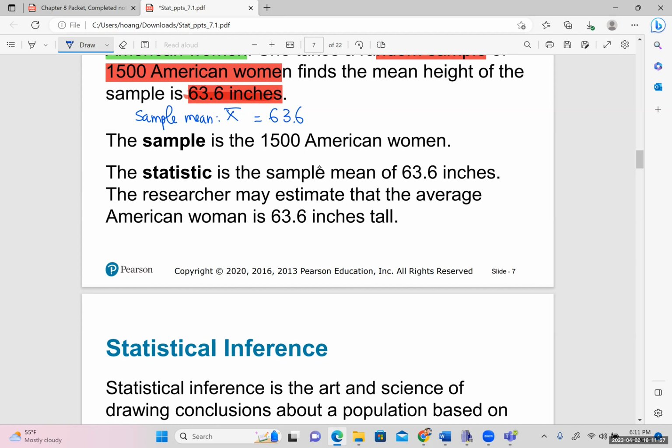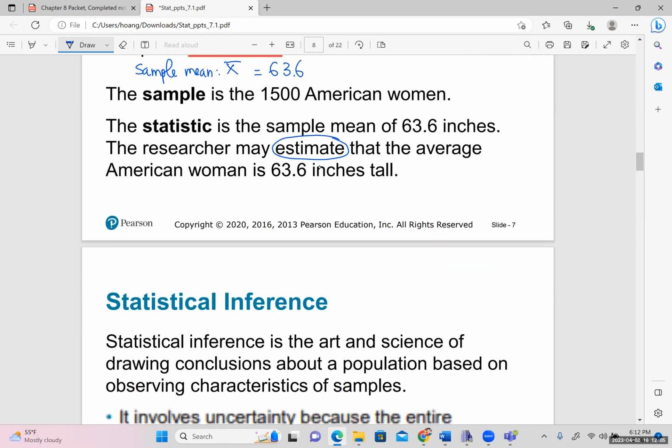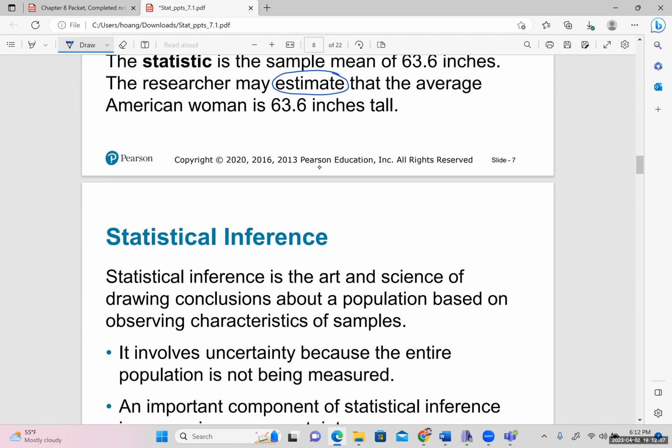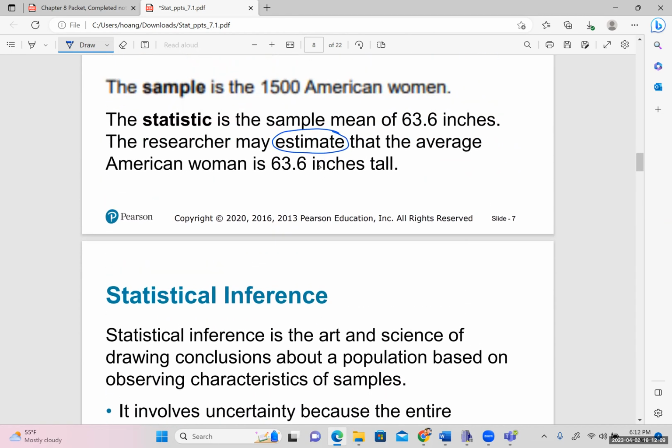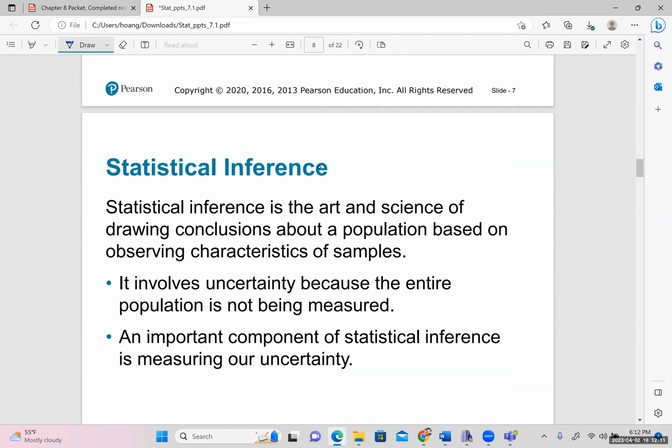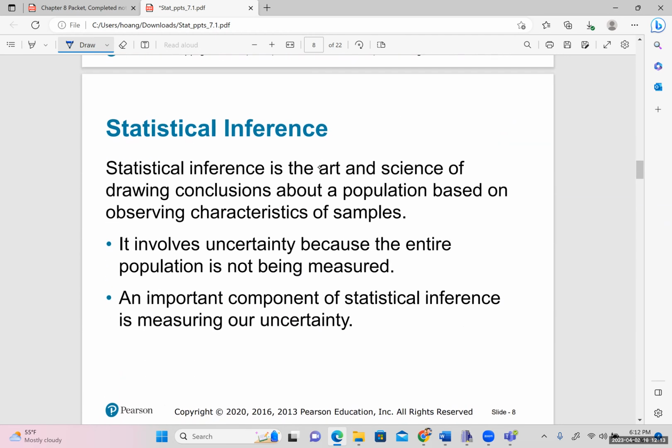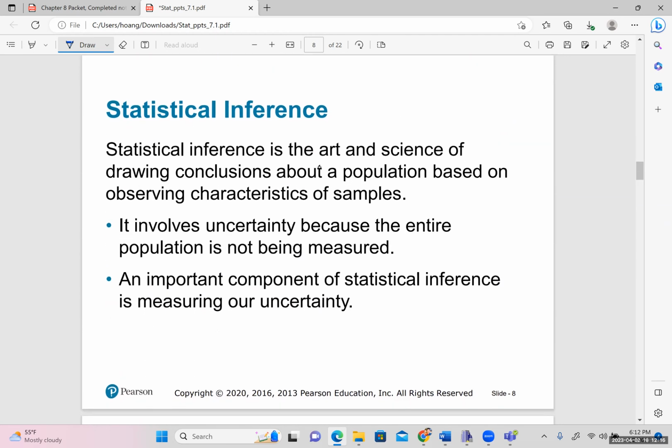You remember that I'm using the word estimate, right? So this could be around that. Now, let's talk about statistical inference. Statistical inference is the art of science.